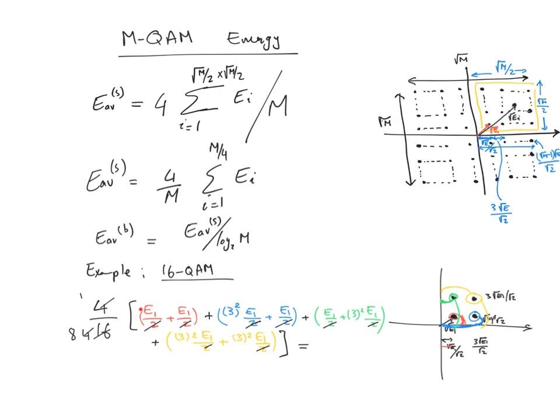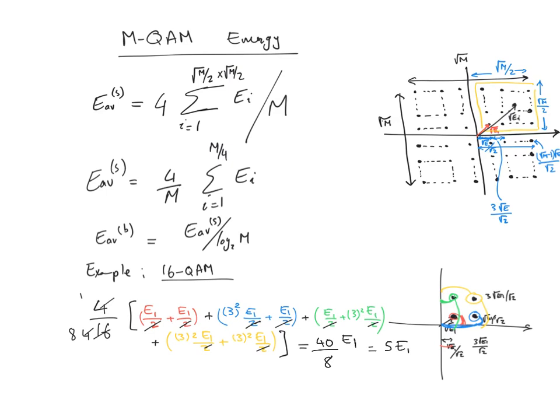What do I have? 1 plus 1, that's 2, plus 9, that's 11, plus 1, that's 12, plus 1, that's 13, plus 9, that's 22, plus 9, that's 31, plus 9, that's 40. So the final result here is 40 E1 divided by 8, which is 5 E1.